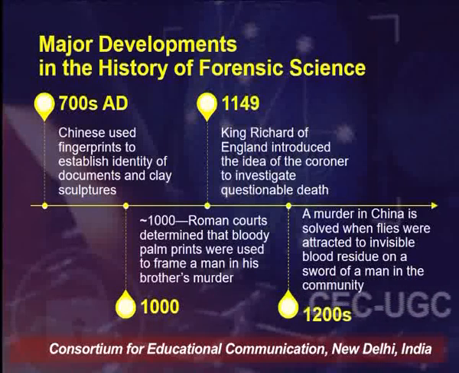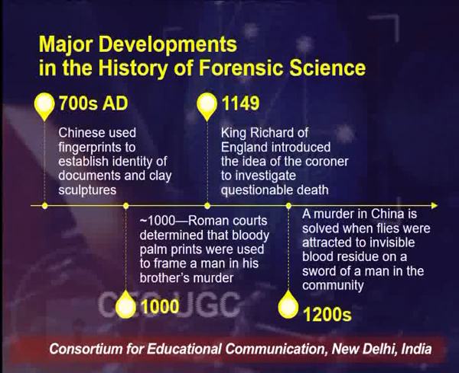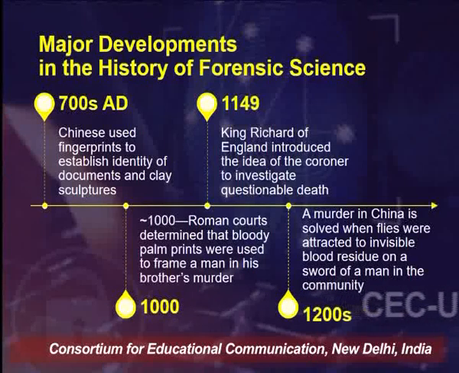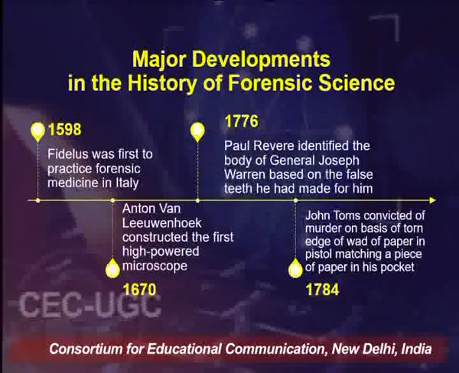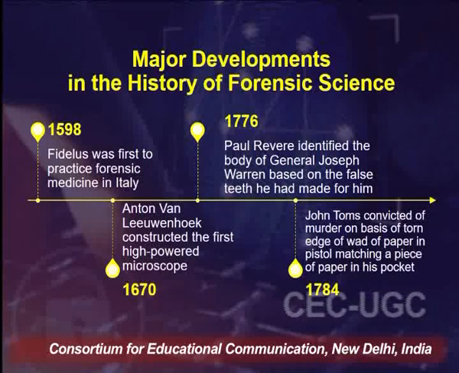In 1149, King Richard of England introduced forensic science, and an investigation was conducted on a questionable death. In the 1200s, a murder in China was solved using the blood residue on the sword of a man in the community. In 1598, Fidelis was the first to practice forensic medicine in Italy.